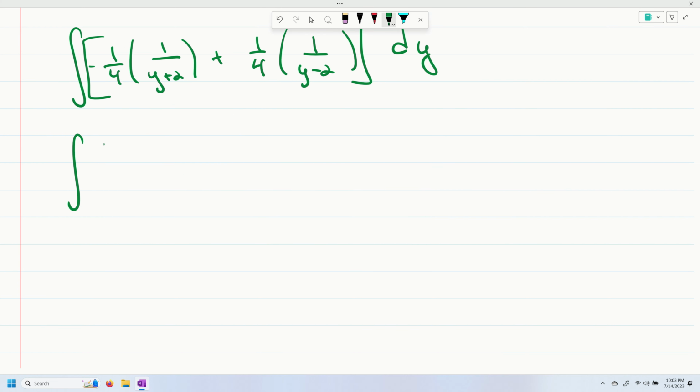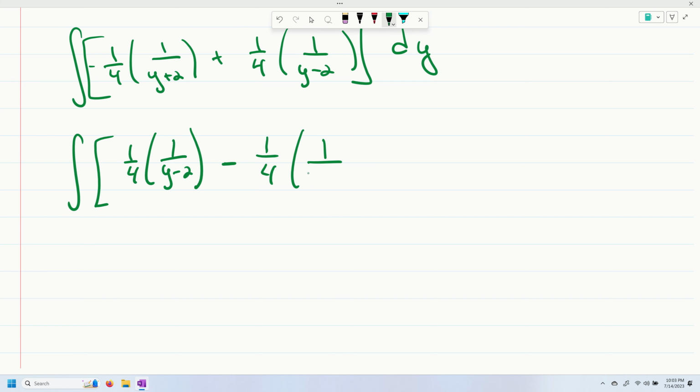I am going to rewrite this as 1/4 times 1 over y minus 2 minus 1/4 times 1 over y plus 2. And the reason why I did that is because I want this first term to be positive, because if you look, they both have a 1/4 in common. So I'm going to go ahead and factor out the 1/4.